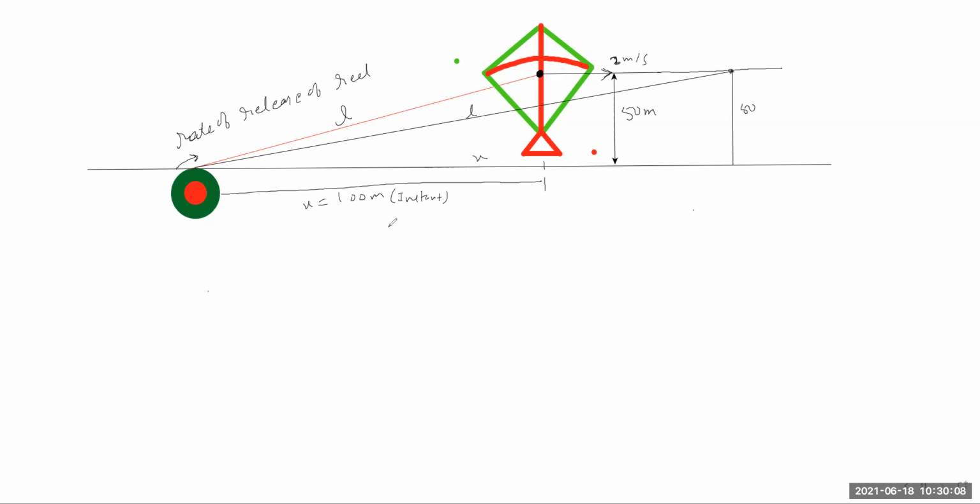So 2 meter per second represents dx by dt, because anything horizontal is x. At what rate the kite is going horizontally, that I have taken as x, so I can say dx by dt is 2 meter per second, and you're supposed to find dl by dt. That's the only question. So I hope you can do this.